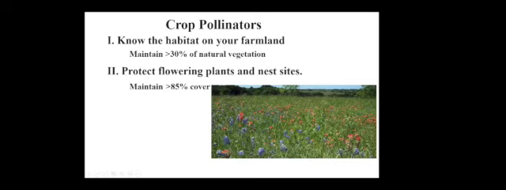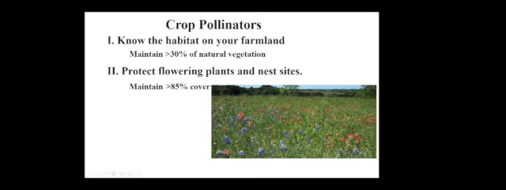Otherwise, in Europe the native pollinator population is declining. So that is the general thing, and you have to know the habitats in our farmland: more than 30% natural vegetation is required.